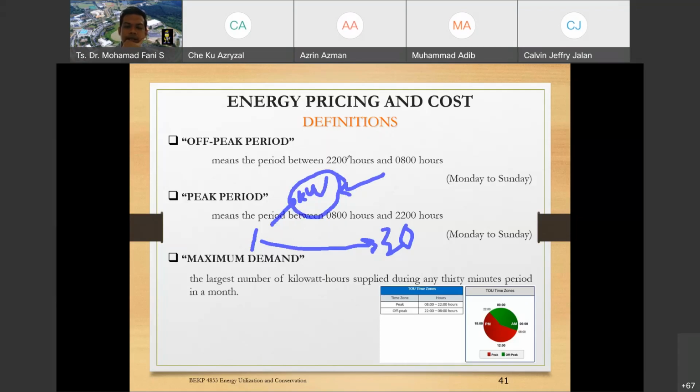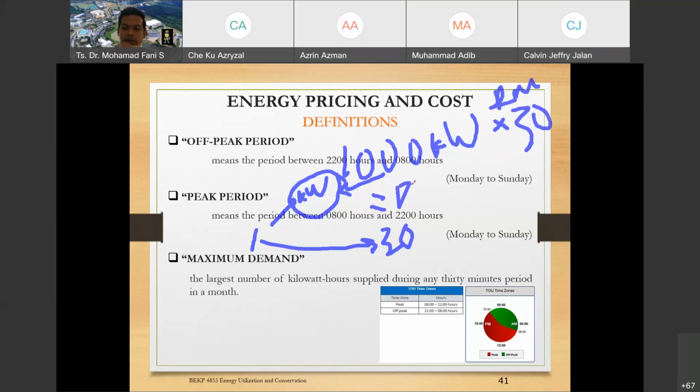Let's say the reading from the meter is 1000 kilowatts, and TNB will charge this maximum demand based on the appropriate price they have set for the specific consumer type, for example, RM30. So in the electricity bill, this one will be RM berapa ni? Total charge for the maximum demand. Dapat berapa? 30K.